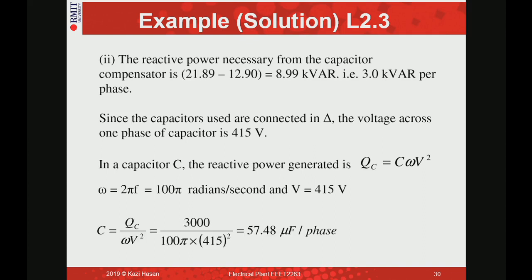By using this formula, we can calculate that 57.48 microfarad capacitance is needed, and because this is per phase, at the beginning we divide by 3. So per phase, this is the required capacitance in each of the phases.